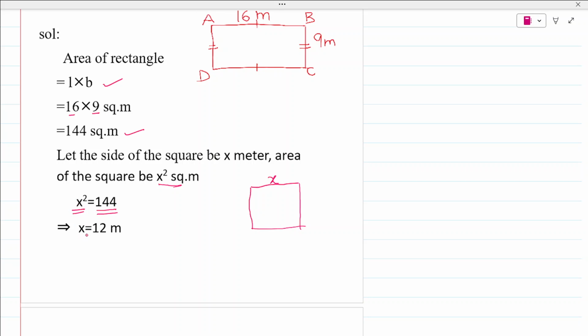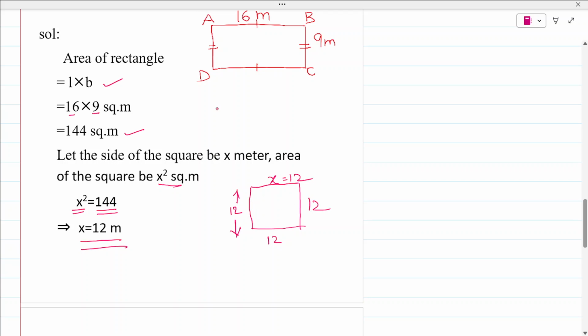So x is equal to 12 meter. This is the length of a side of the square. All sides of the square are 12 meter.